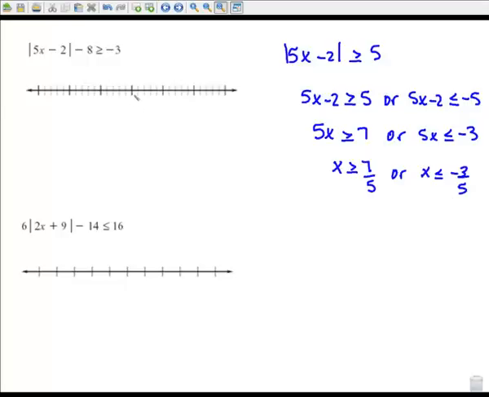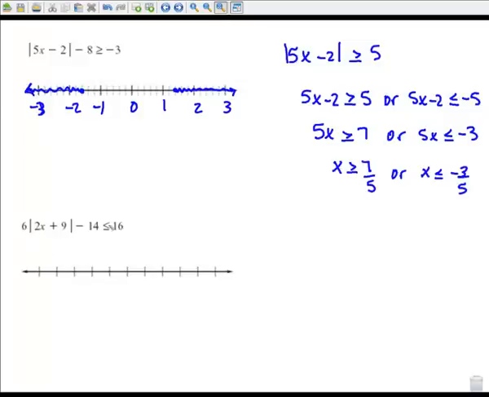All right, so they were nice enough here to make it go in fifths. So 7 fifths, I can count 5, there's 7 fifths, and this is greater than or equal to. Negative 3 fifths, 1, 2, negative 3 fifths, this is less than or equal to.